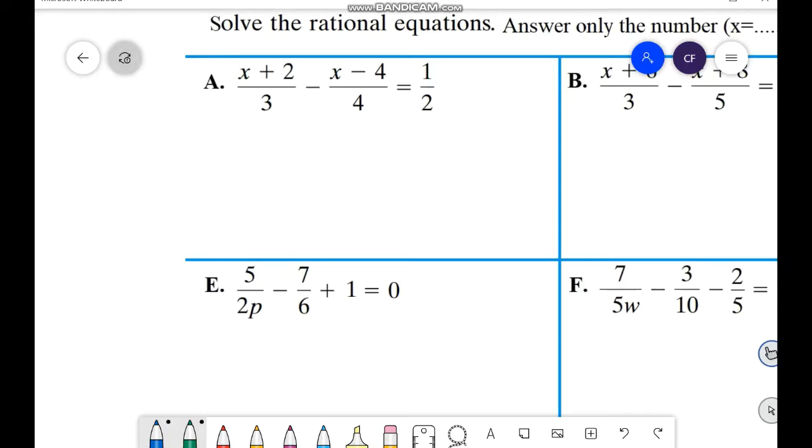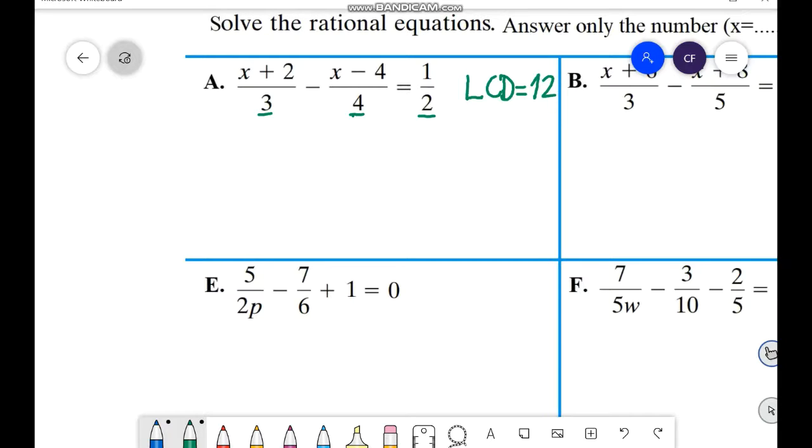We have the equation, and the first thing is to find the least common denominator. We have 3, we have 4, and 2. The least common denominator equals 12. If you calculate the unique factors, the highest exponents, you're going to find again the number 12 here. It's the same as the bell work.